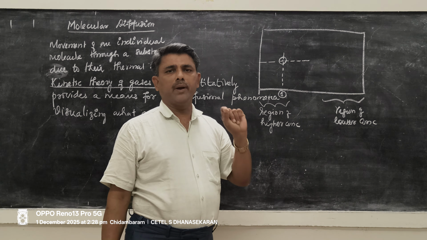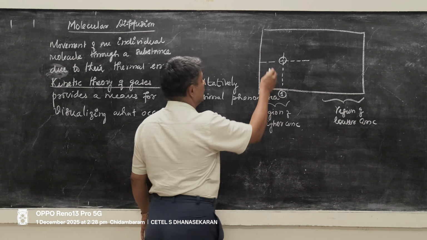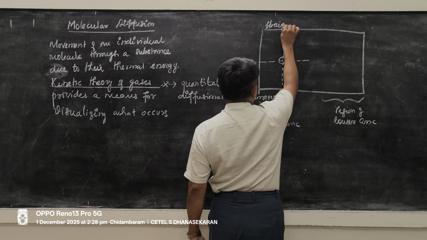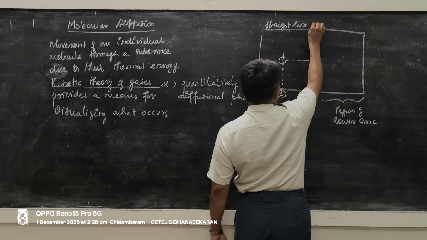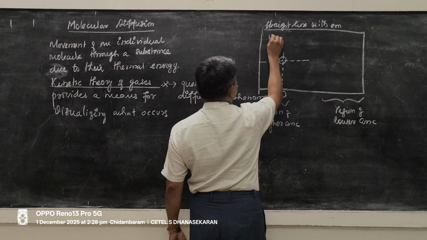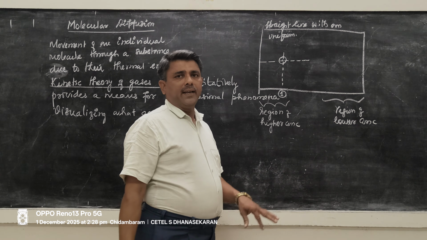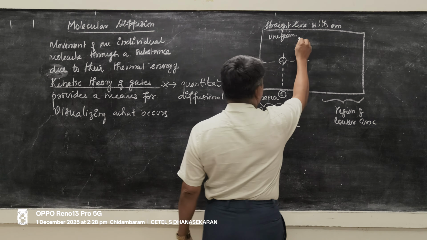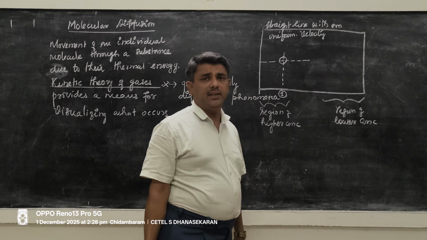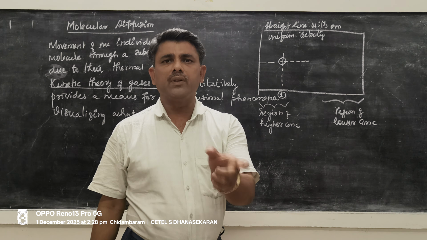A molecule is imagined to travel in a straight line with a uniform velocity. The direction and velocity will be changed when it makes a collision with another molecule.